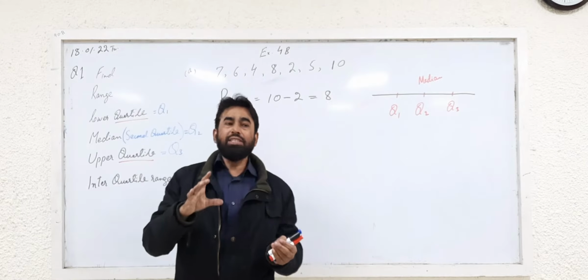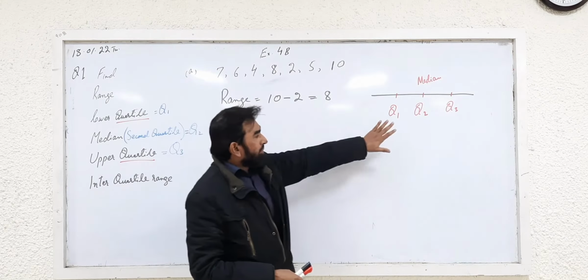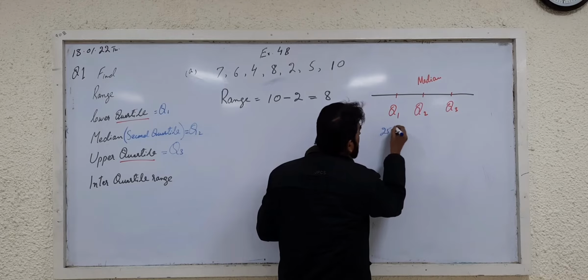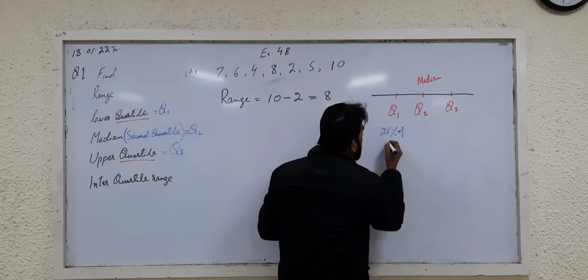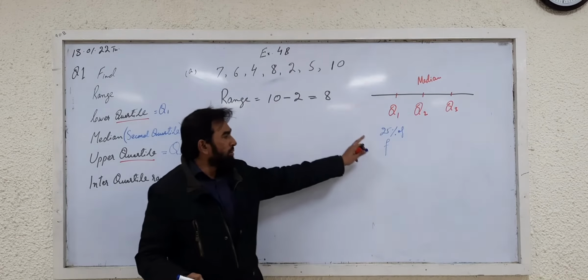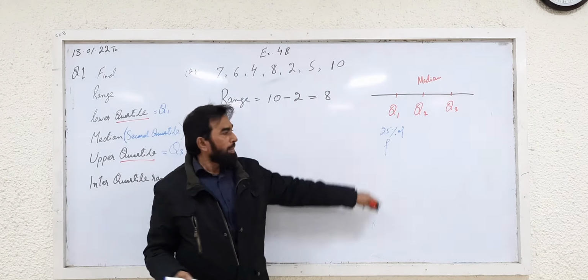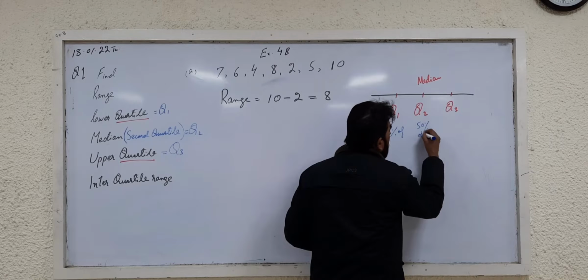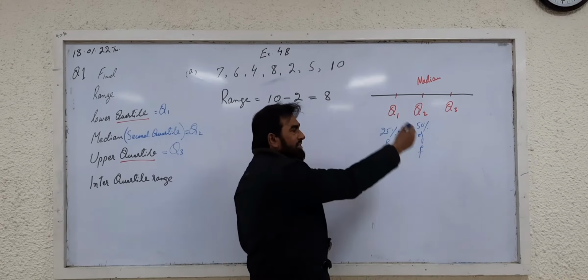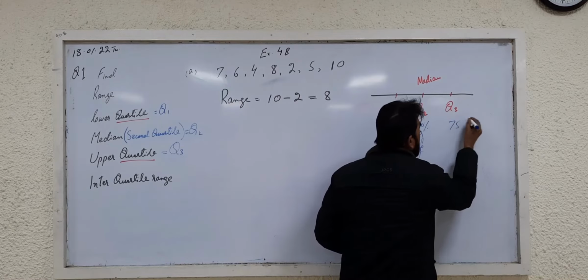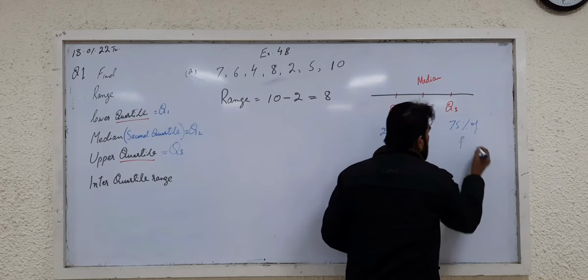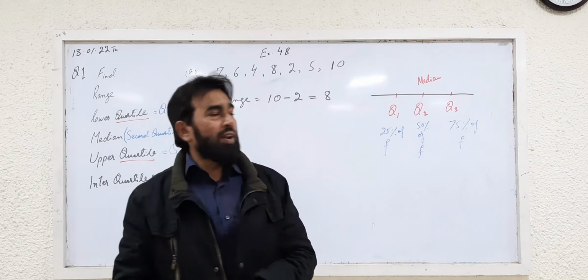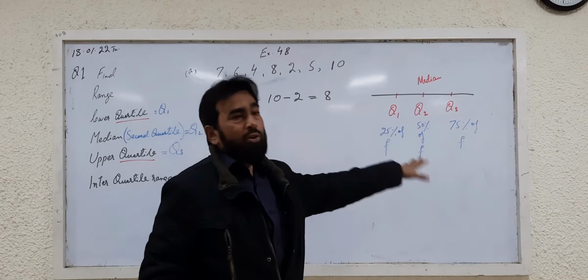You will have to see the frequency of the data, because the first quartile comes at 25% of the frequency, the second comes at 50% of the frequency, and the third comes at 75% of the frequency. According to that frequency, you will have to decide what is the first, second or third quartile.